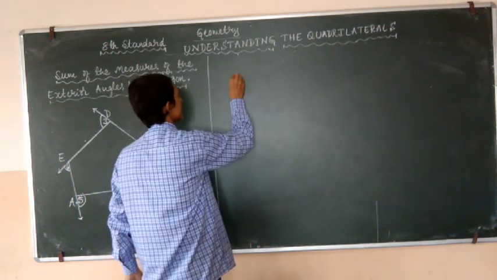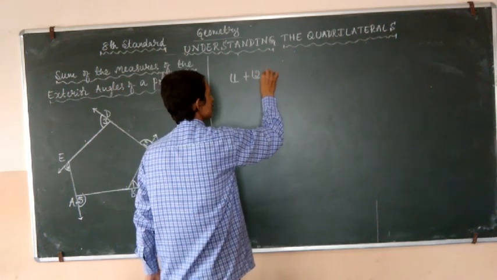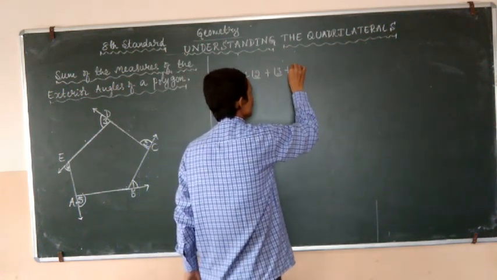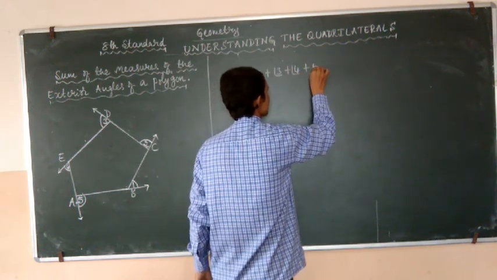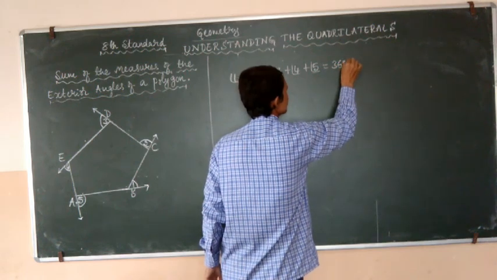So angle 1 plus angle 2 plus angle 3 plus angle 4 plus angle 5 will be equal to 360 degree.